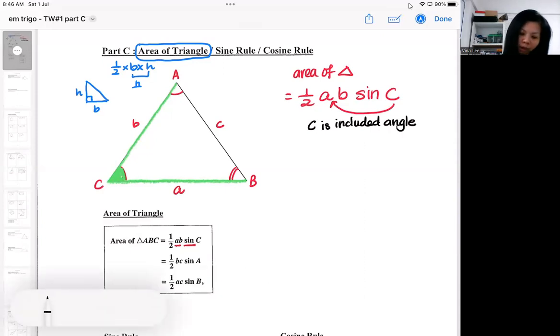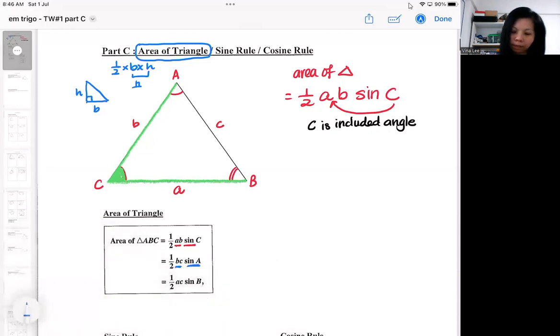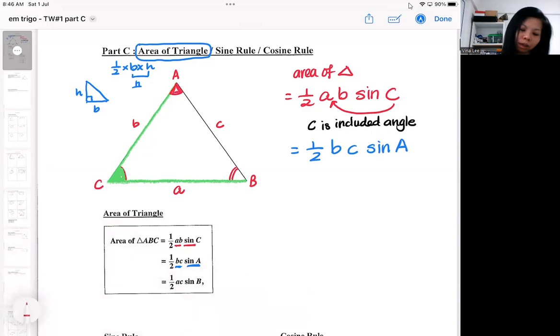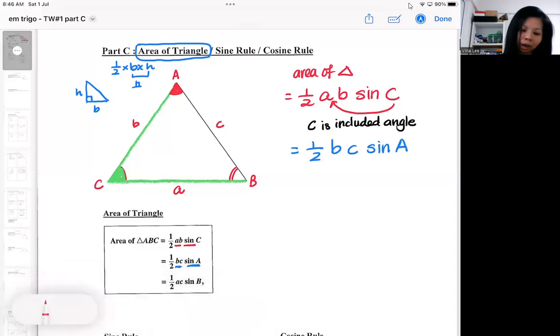If you look again, there is another formula that I put here, half bc sine A. So why do I put half bc sine A? Half times b times c times sine A. Why do I choose that? Take a careful look. This is angle A. If I'm using angle A, the sides that are relevant will be b and c.